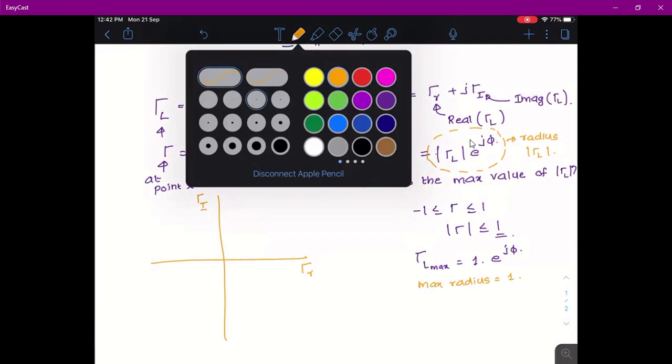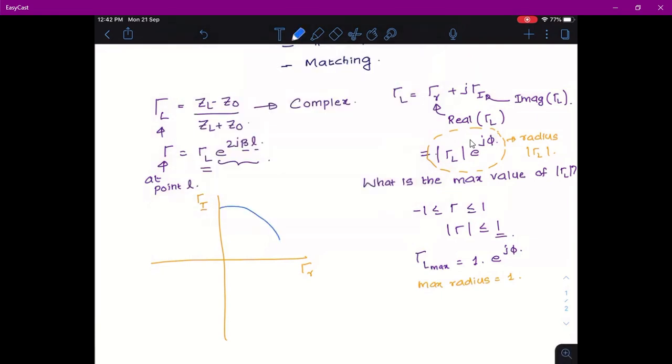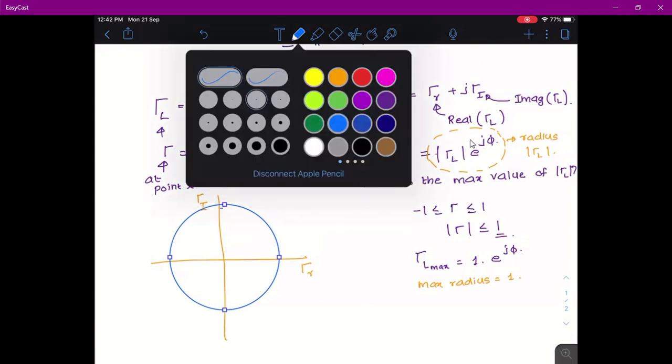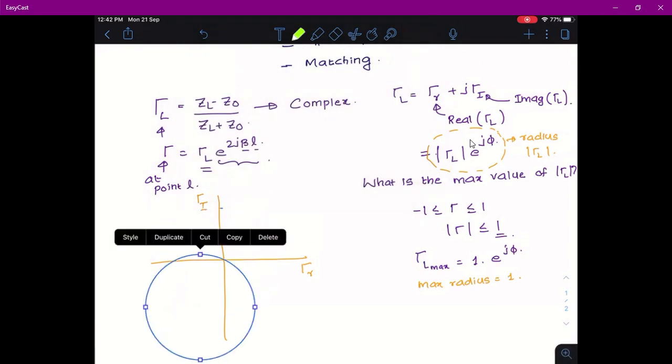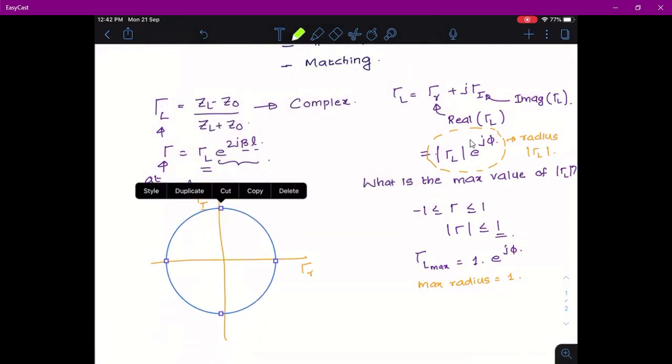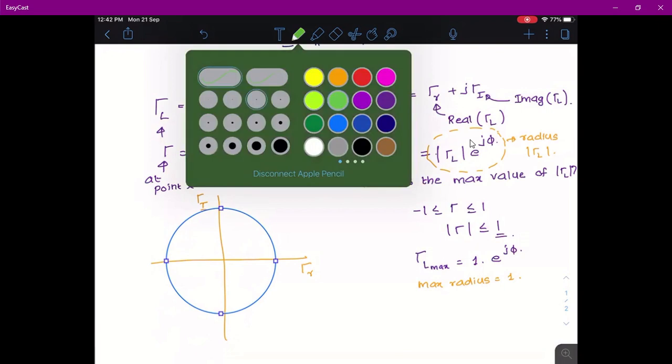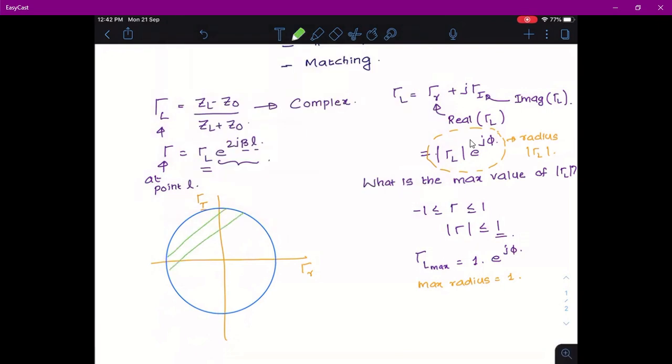So in the plane, I can draw a circle of radius 1, okay, because the reflection coefficient always lies inside this circle, because the maximum value of the reflection coefficient is 1.